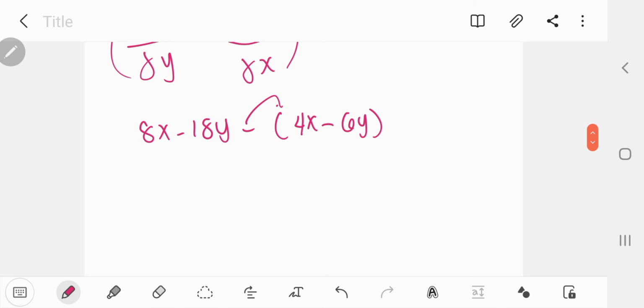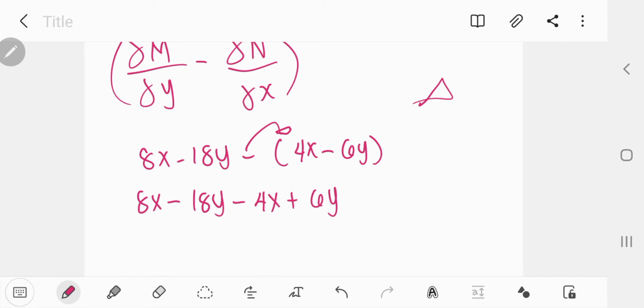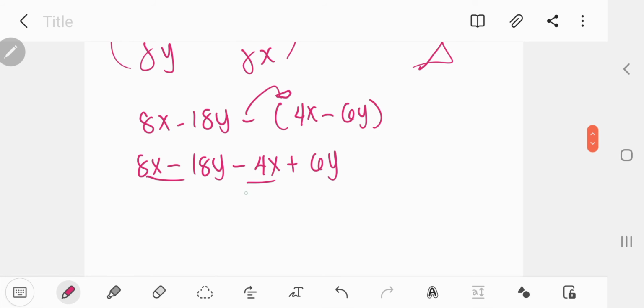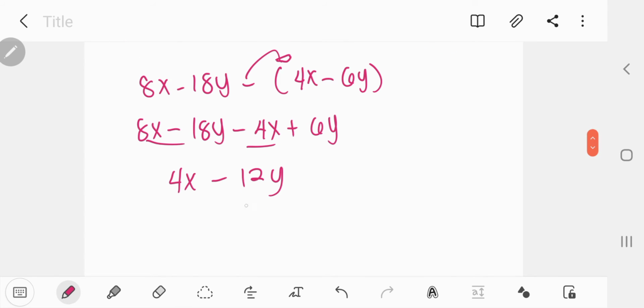Distribute the sign: 8x minus 18y minus 4x plus 6y. 8x minus 4x is 4x, and negative 18y plus 6y is negative 12y. Now let us factor it. So we have 4 times (x minus 3y).